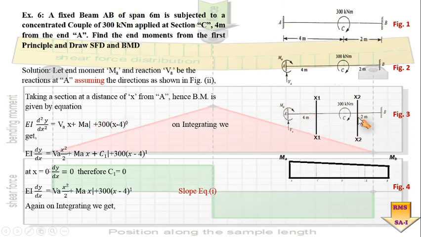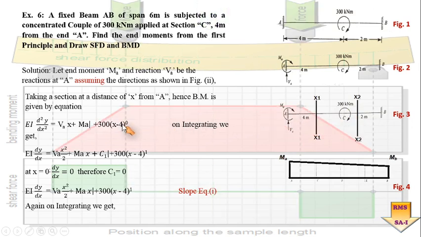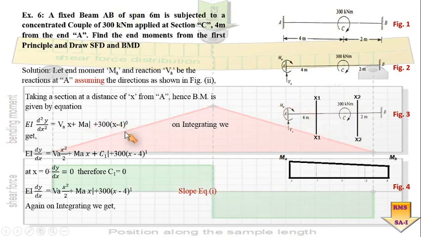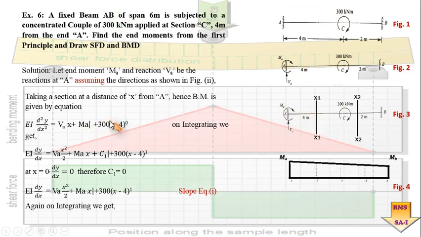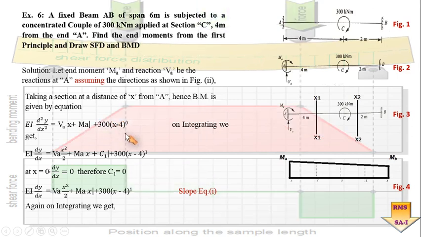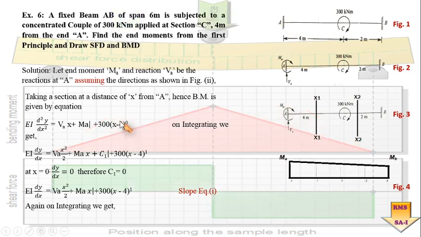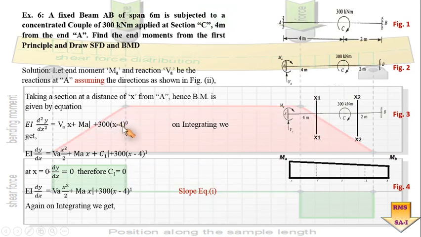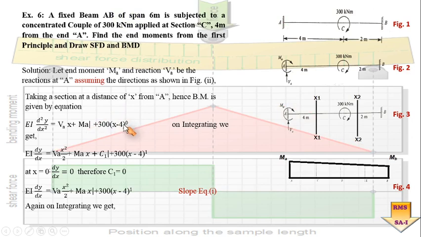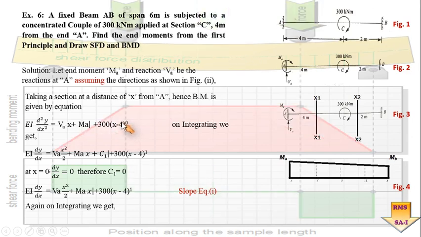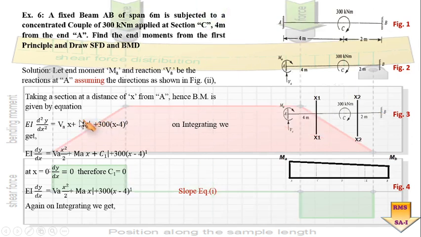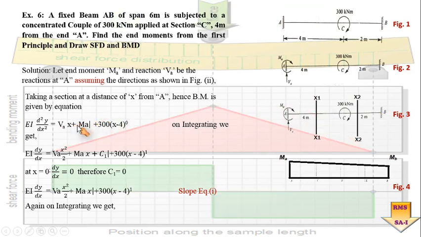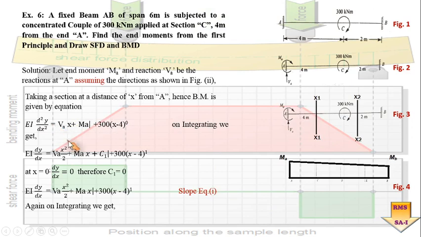So though I said I am going to take a moment of a couple, it is not the force into perpendicular distance, but it is 300 as it is, because this term has no value, it is equal to 1, because it is bracket to the power 0, and anything raised to the power 0 is equal to 1. So this is how we have to establish the relationship for the bending moment on the right hand side of this particular equation.